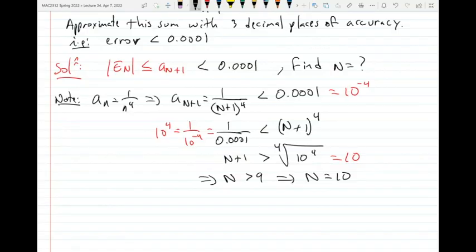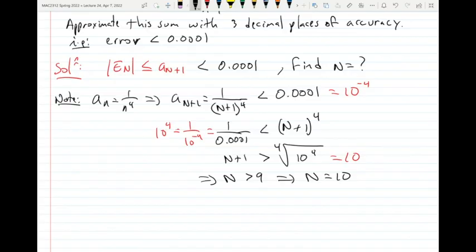And if you want, you can check by plugging in, because that's a strict inequality. If we pick 9 and we put it here, for n equals 9 you have 1 over 10 to the 4, which is exactly this number. We have equality. We don't want equality. We want it to be strictly less than. So you need to move 1 step forward. All right. So n equals 10.